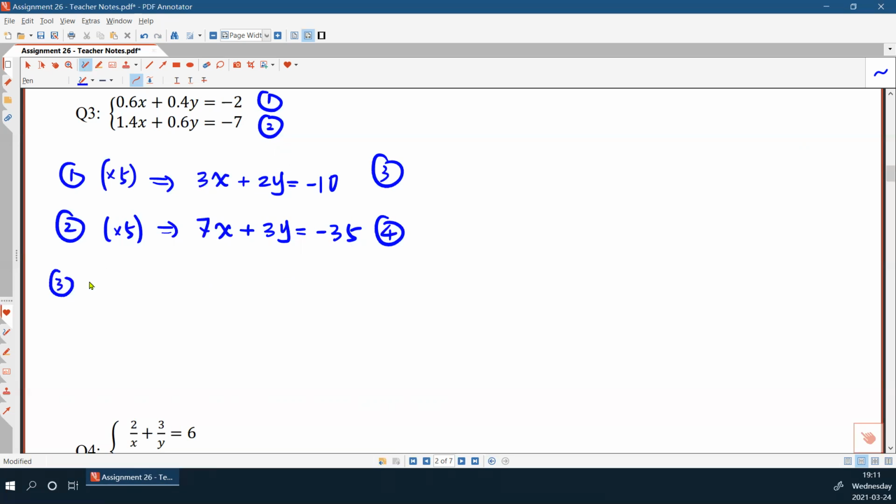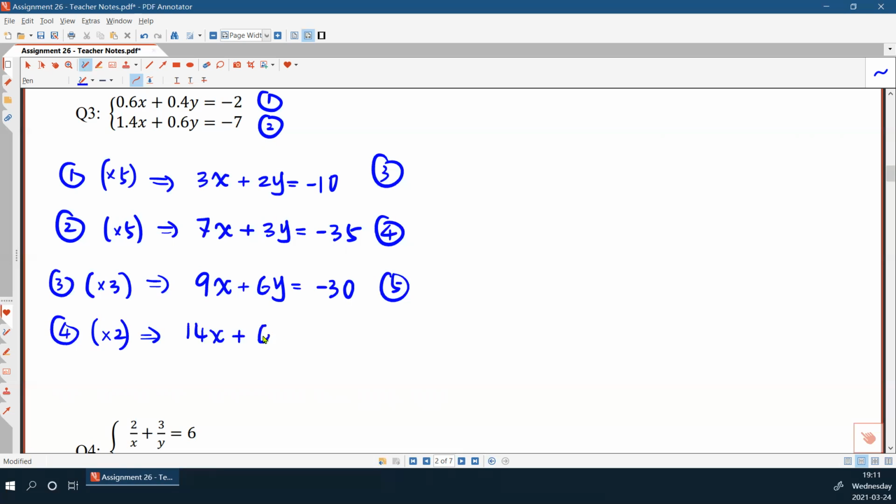Okay, that means we need to times a 3 to both sides of equation 3. This will give us 9x plus 6y equals minus 30, right? Let's call this number 5. And then for equation 4, we can times a 2 to both sides. And this will give us 14x plus 6y equals minus 70, right? Okay, let's say this is number 6.